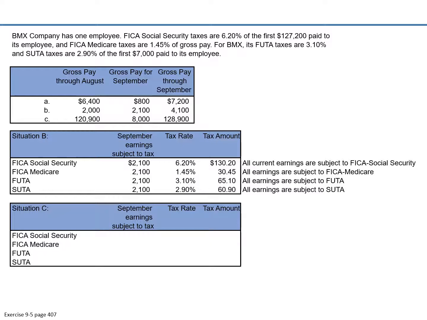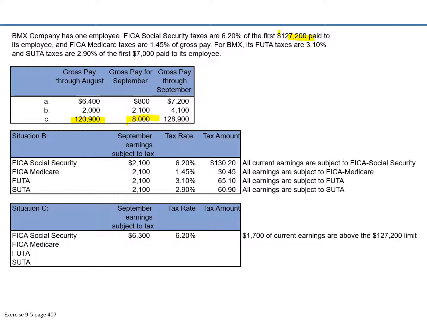Okay. Then in situation C, we have a total gross pay of $128,900 through September. And they tell us that only $127,200 is subject to Social Security. So we're only going to take the $6,300 that we need to get from this $120,900 to this $127,200. So that's $6,300 of the $8,000 earnings for September that are subject to FICA Social Security.